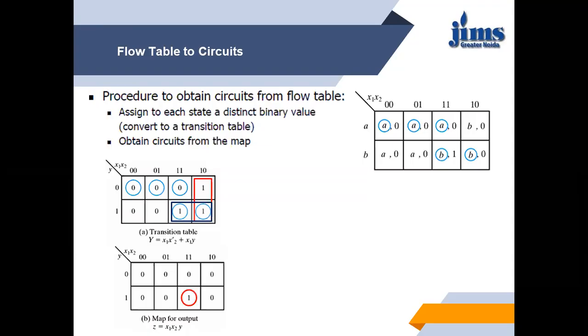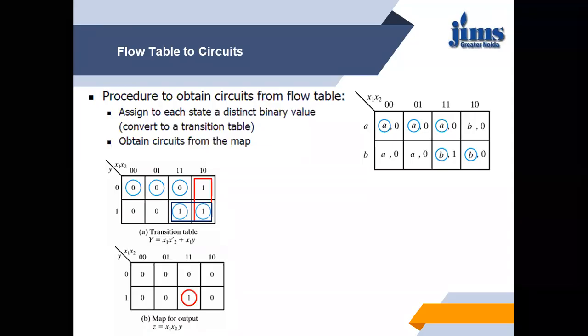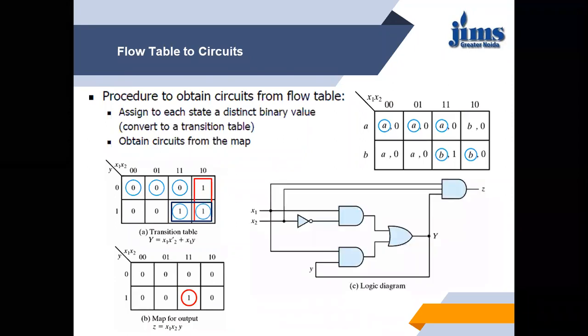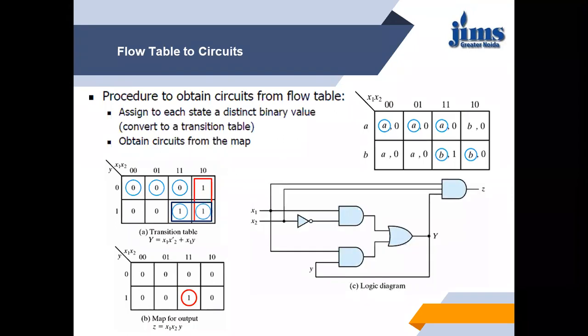We have only a single one, no pairing. So z equals x1 x2 y. So we have the expressions for next state and the output, and we can draw the circuit like this. This is the logic diagram obtained from the flow table.